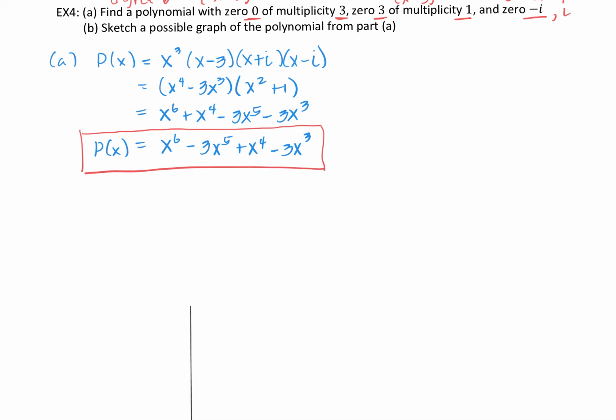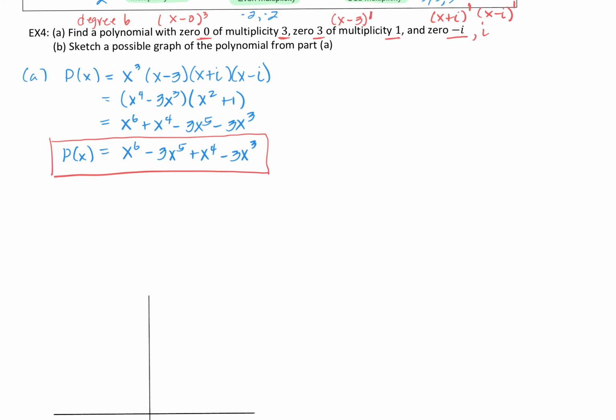Now we're going to try to graph this polynomial. So that would be our part B, sorry. First thing, end behavior. My polynomial is an even degree, it's 6. Leading coefficient is 1, which is positive. So even positive means that I'm going to have this type of end behavior where they both go up.